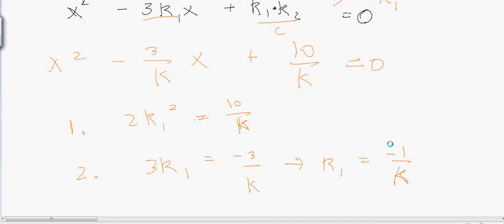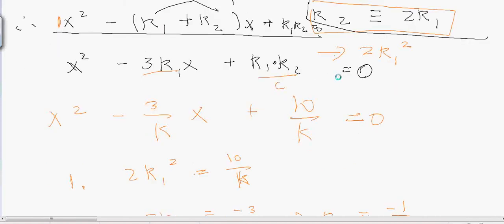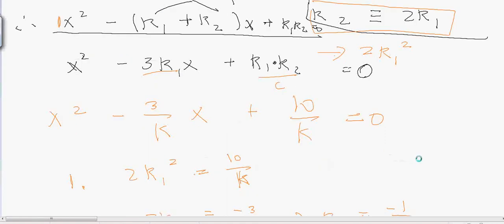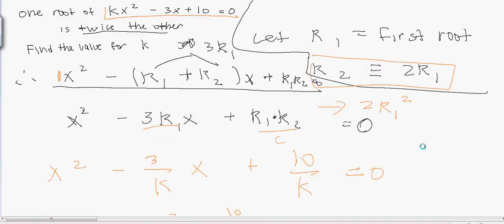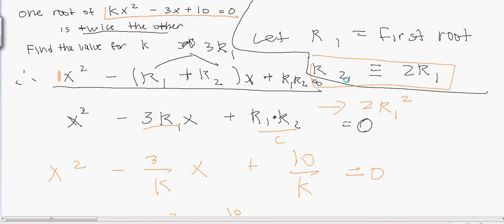Okay, so if we come back here, one root is twice the other. Remember, one root is twice the other, which is back to here. R2 equals 2R1. We can substitute everything in here. R1 is now negative 1 over k, and we're trying to find R2.